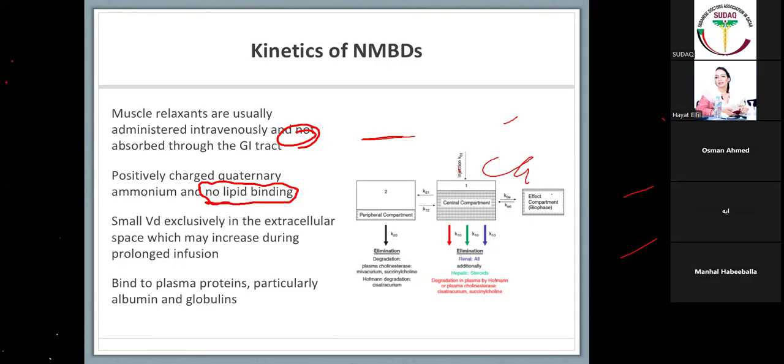They bind to plasma proteins, particularly albumin and globulins, and usually this will reduce the amount of drug available at the effective site.